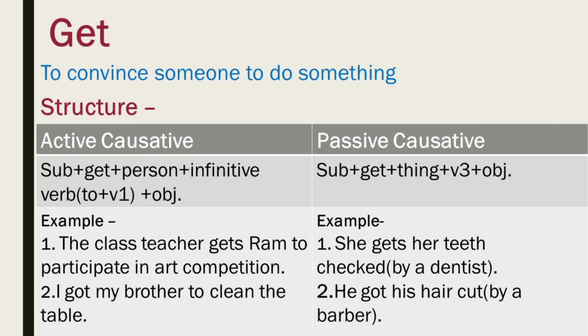Here the verb cut is in past participle form. As you know, all the three forms of the verb cut is cut. So we are using here the third form of the verb cut. Okay, so don't get confused. He got his hair cut, that means he went to a barber. If you want to mention, you can say he got his hair cut by a barber.